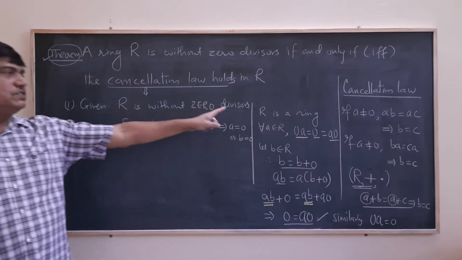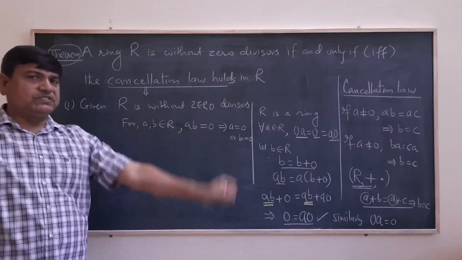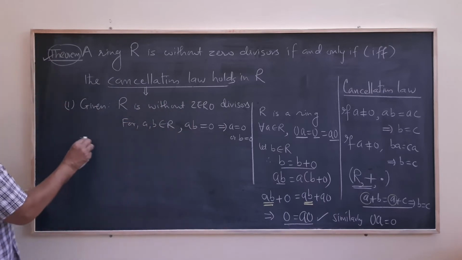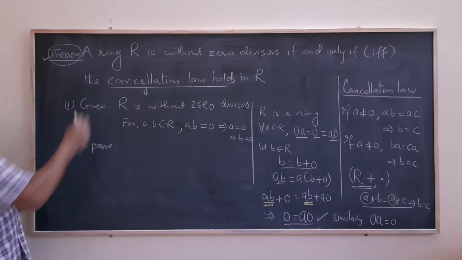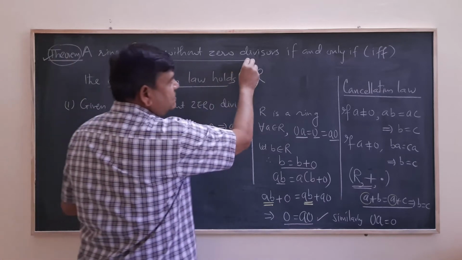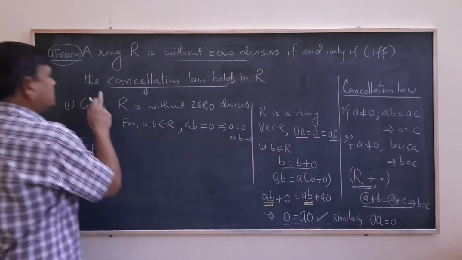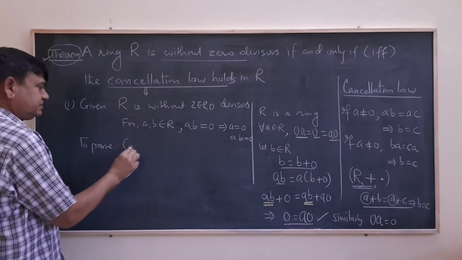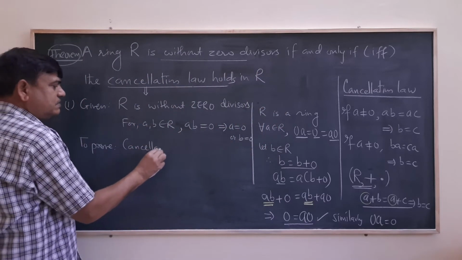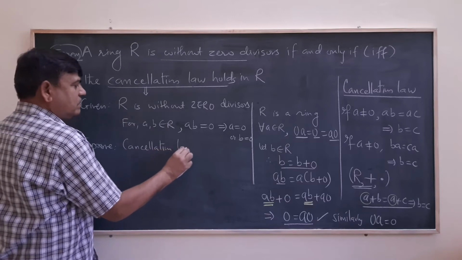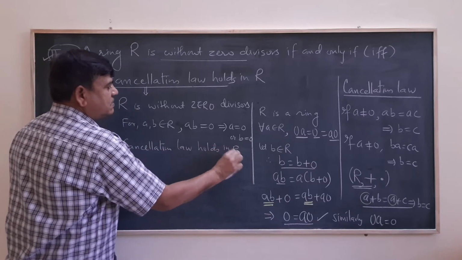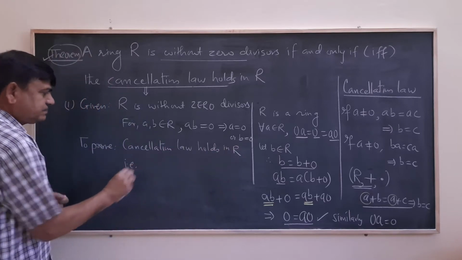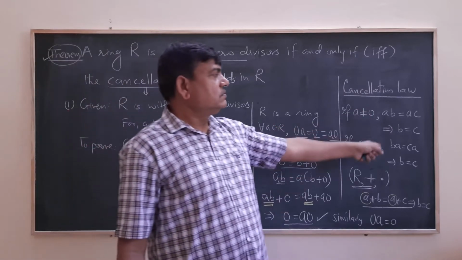R is without zero divisors, so this property holds. To prove, क्या सिद्ध करना? Ring R is without zero divisors if cancellation law holds. Cancellation law holds in R. That means here.